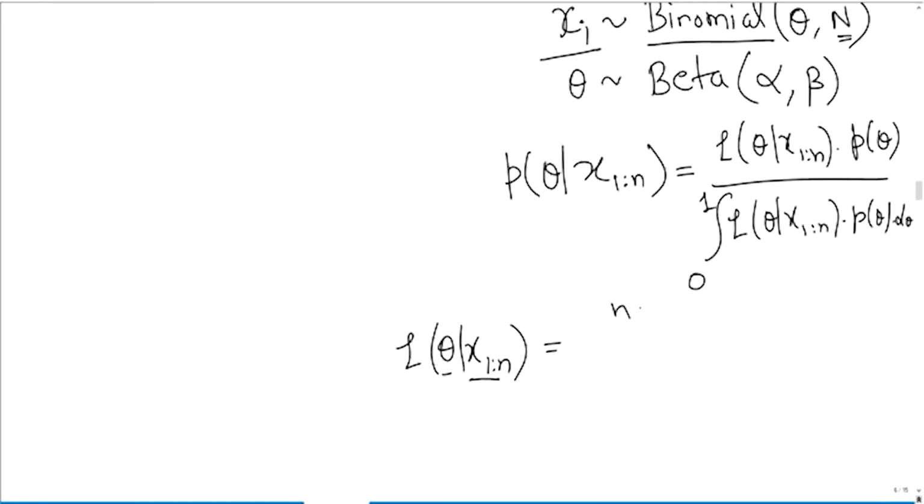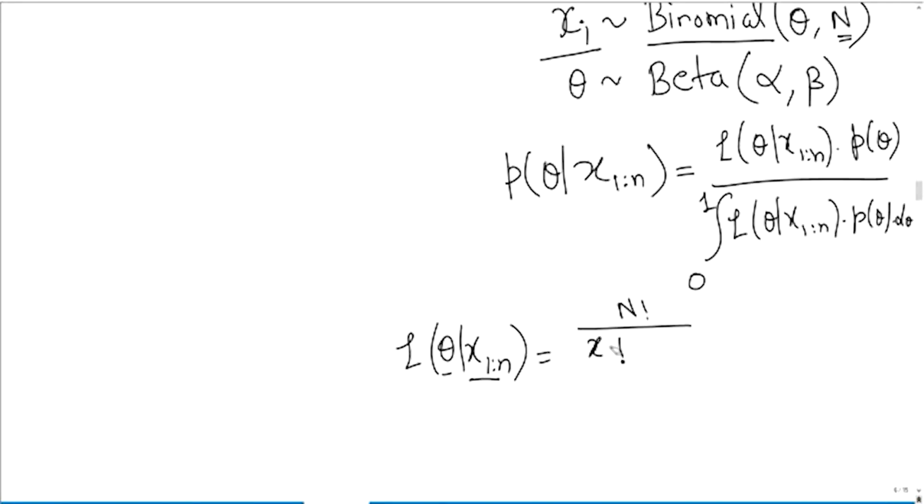N choose X, so basically N factorial divided by Xi factorial. Here N is not the total number of experiments, but the sample size, the number of trials in each experiment. Xi is the number of observed successes in the ith experiment.